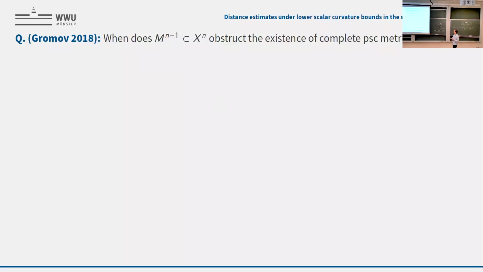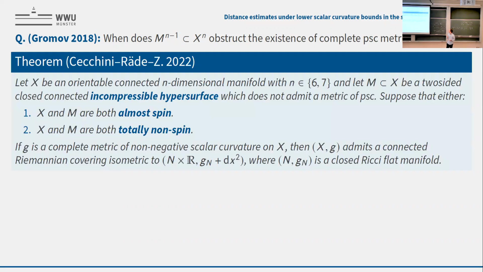Of course, I'm paraphrasing a little bit here. There are some qualifiers to this question. You want to have some non-triviality condition, and we gave an answer to this question in the following sense, namely, if we have an incompressible hypersurface.